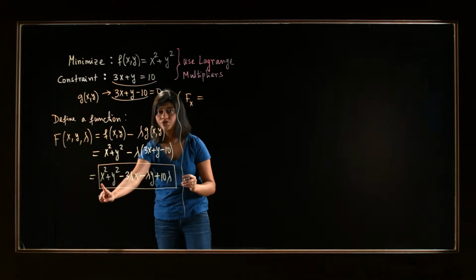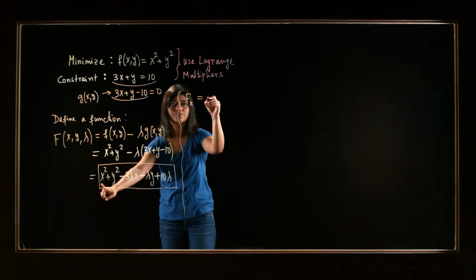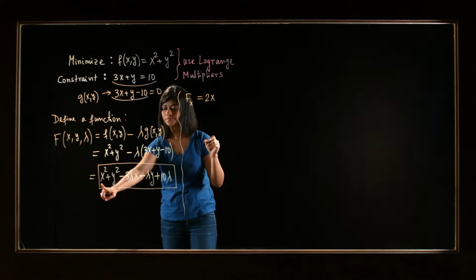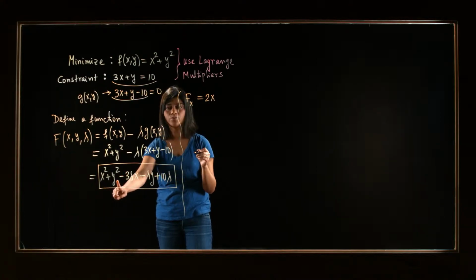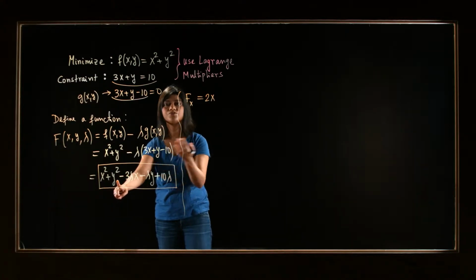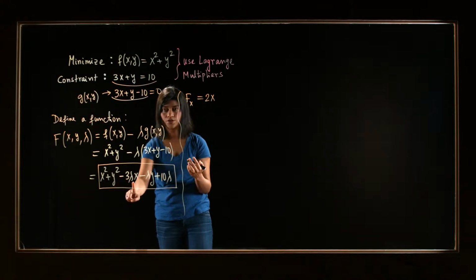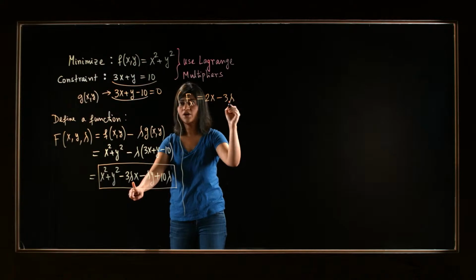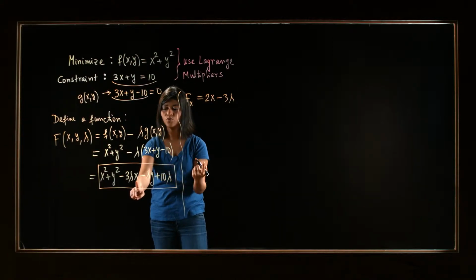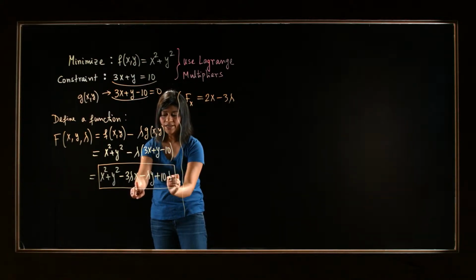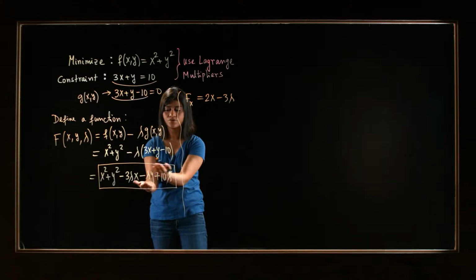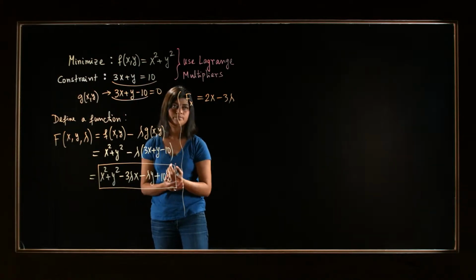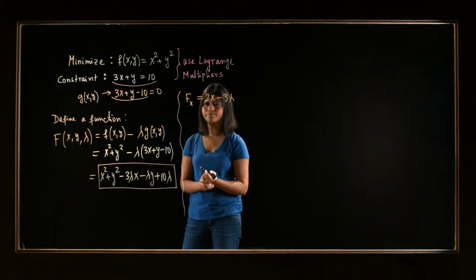Okay. So the first term is x squared and its derivative is 2x. Second term is y squared, it's a constant, derivative is 0. Third term, it has an x, so negative 3 lambda is a constant and derivative of x is 1. And notice the next two terms, no x, so derivative will be 0 as well. So this is our Fx.